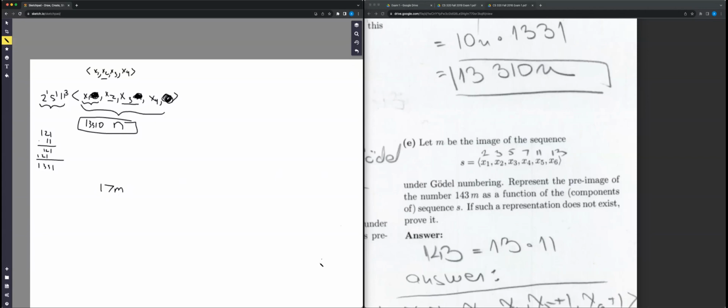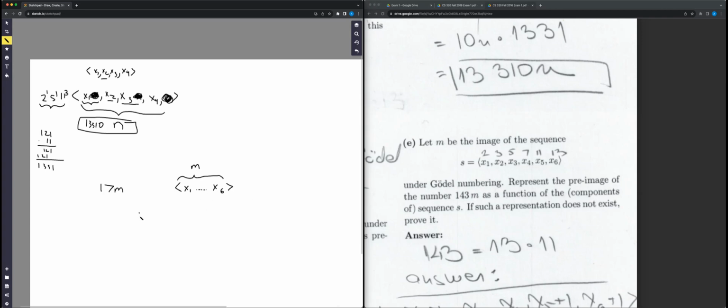Okay. In this question, we're given a sequence, x1 to x6, and this all represents M. Whatever integer M was, its Godel sequence is this.